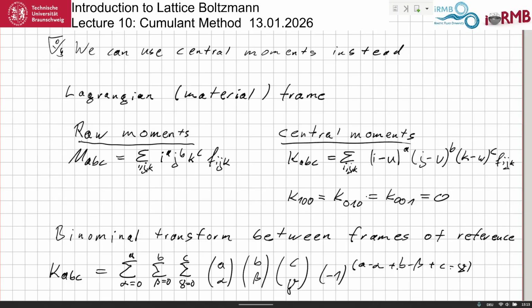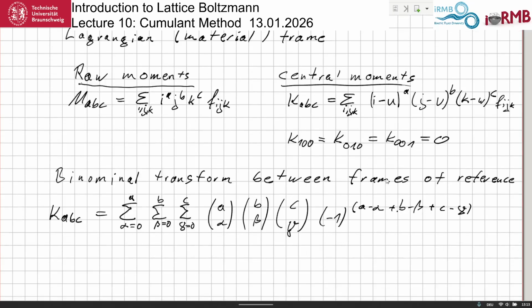So unfortunately, this is a little long, so I have to continue in the next line. There's a multiplication of this with what is now following. We have M_alpha beta gamma, these are the raw moments. And what you immediately see is that the highest order of these things is ABC.